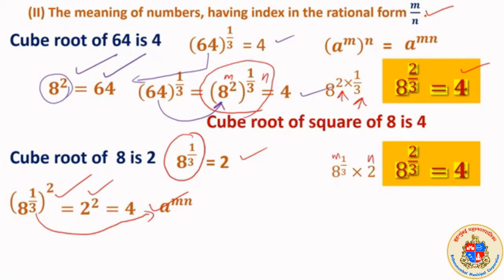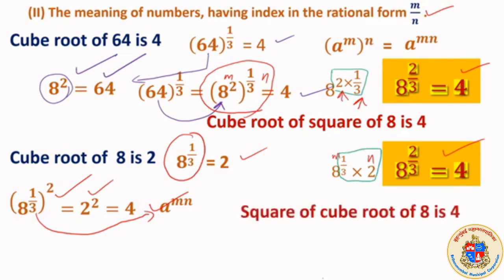तो दोनों में फर्क क्या है? Both are looking same, but explanation में difference आया. There we started with cube root of 64 is 4, ended with cube root of square of 8 is 4. And if you look at this particular location very closely, this much and this much, order में difference, answer में difference नहीं, order में difference.